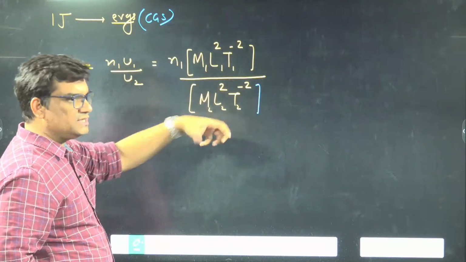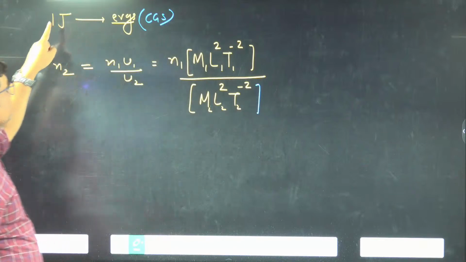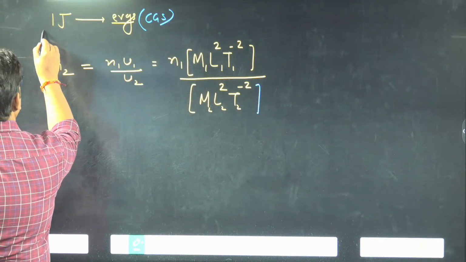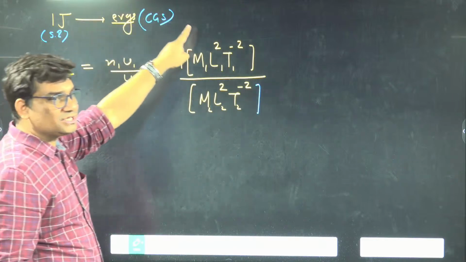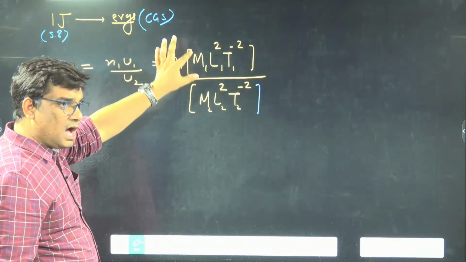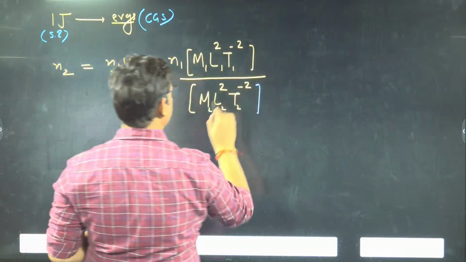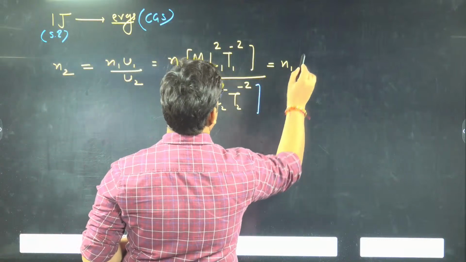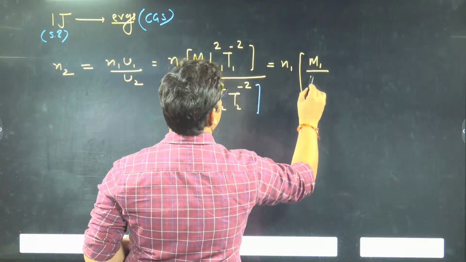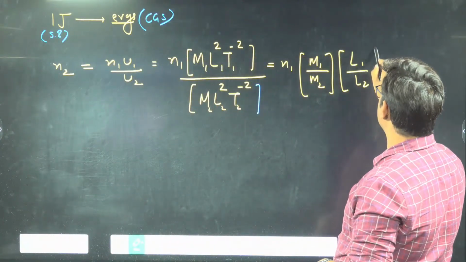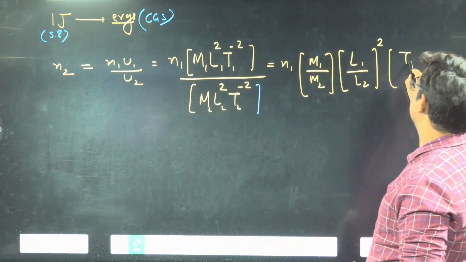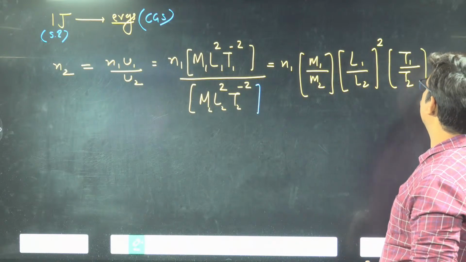In this question, if I ask what is the first unit? First unit is SI, second unit is CGS. After doing this, you can write it like this also: N1 M1 by M2 for mass, L1 by L2 whole square, and T1 by T2 power minus 2.